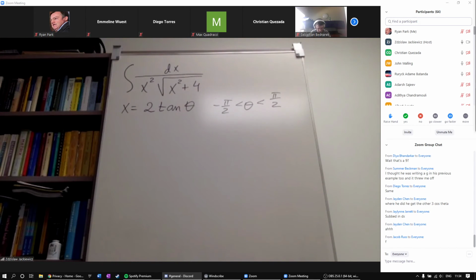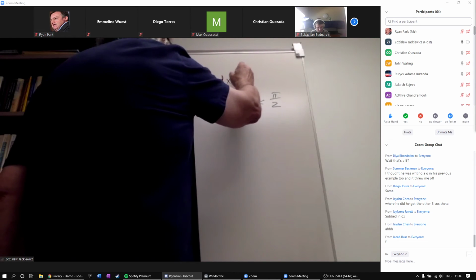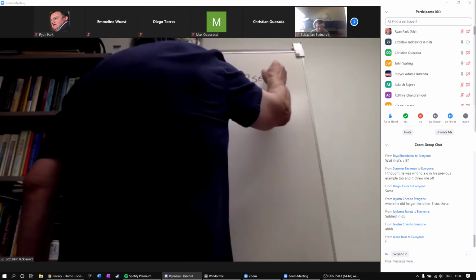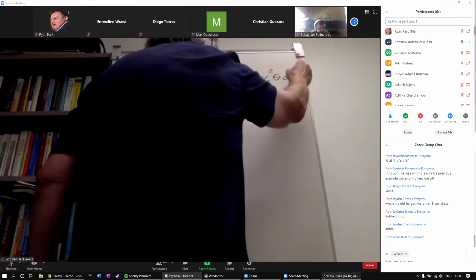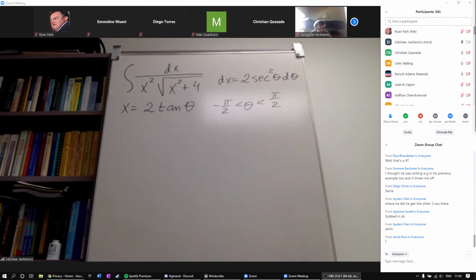So that's the substitution you are making. Of course, dx is 2 secant squared theta d theta, because the derivative of tangent is secant squared, as you know from the first one.